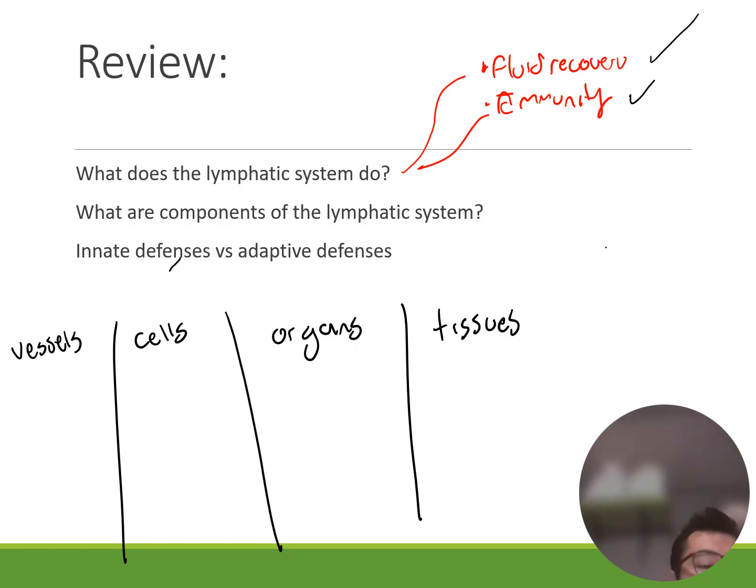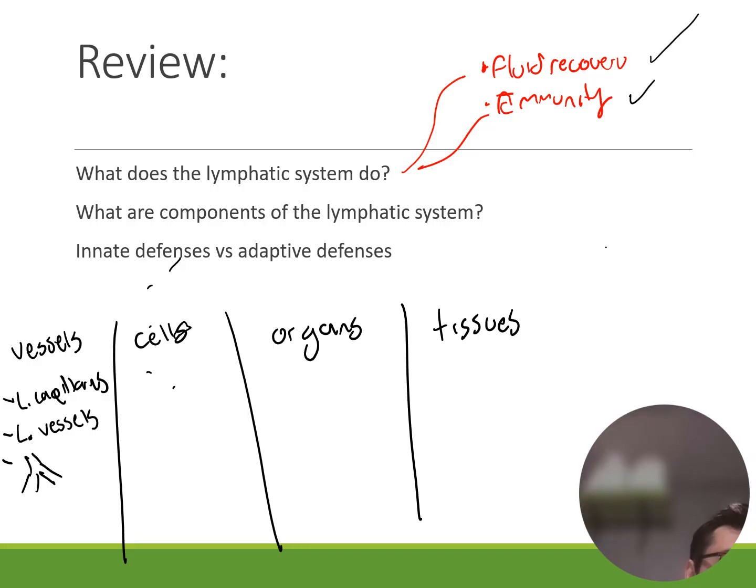For the vessels, as we just briefly mentioned, we have lymphatic capillaries. Those lymphatic capillaries will go into lymphatic vessels. Those vessels will merge, and once they merge, they will create a lymphatic trunk.